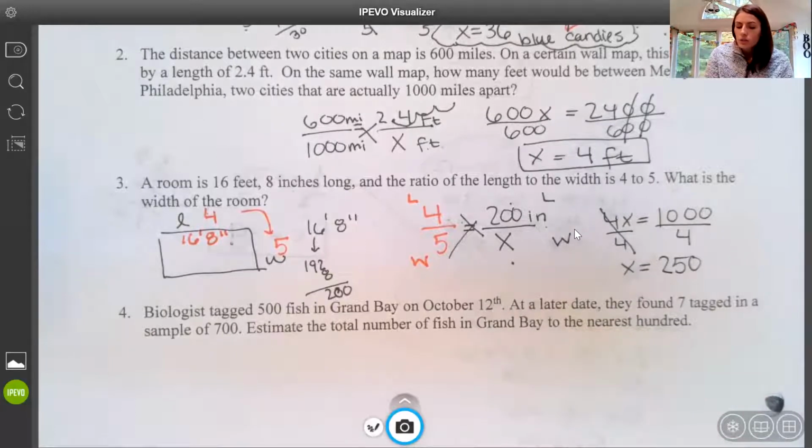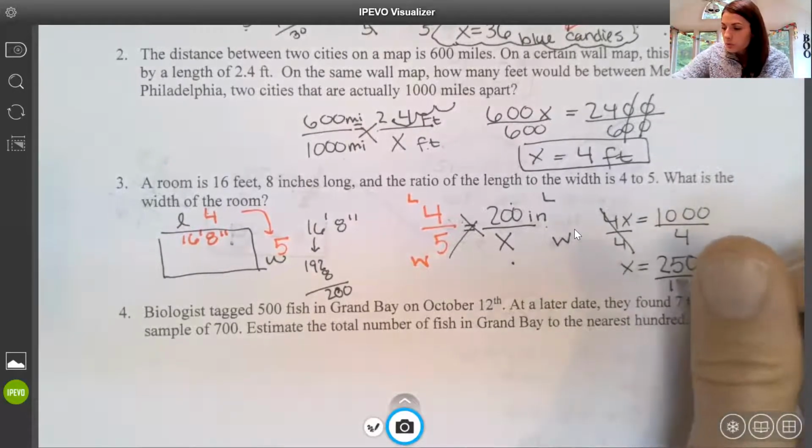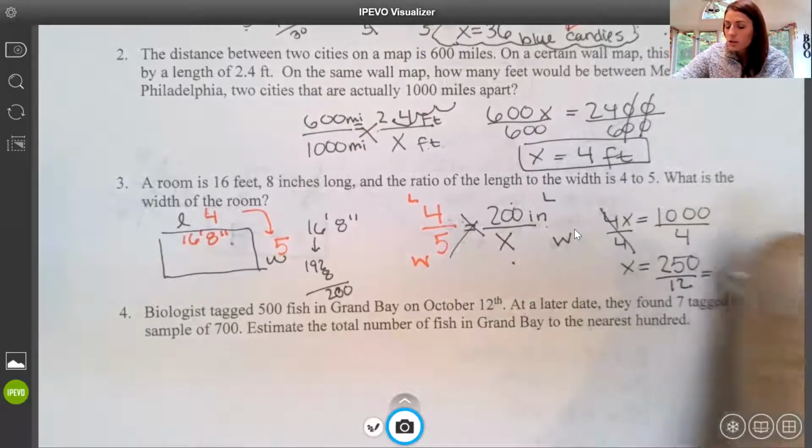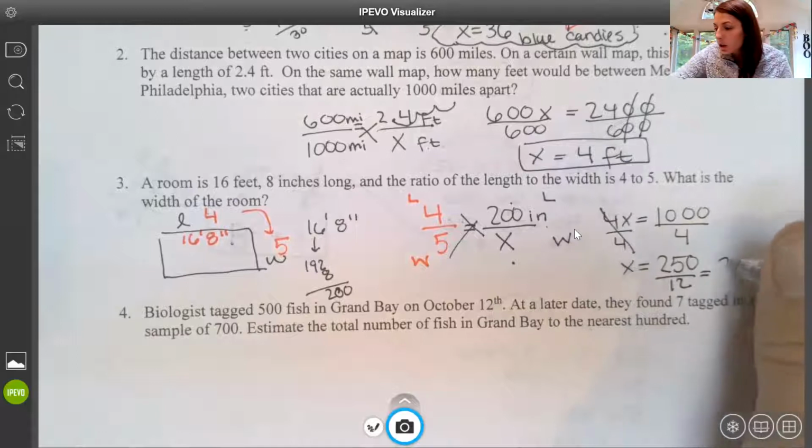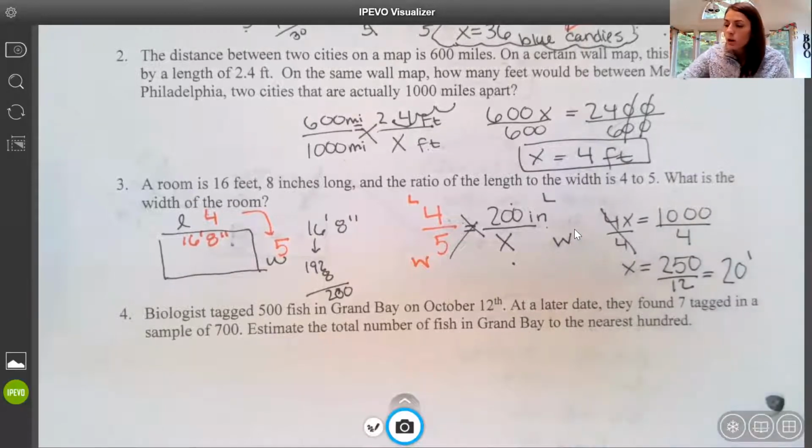And so 250 inches, if I want to convert that down to feet, well, let's see here. So 250 inches, if I divide that by 12, to make that into feet. So if I do 250 divided by 12, that tells me I have 20 feet, and what would be left for my inches?